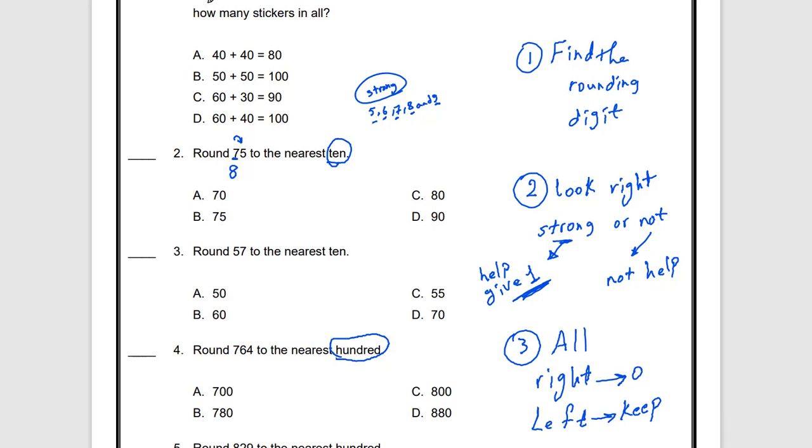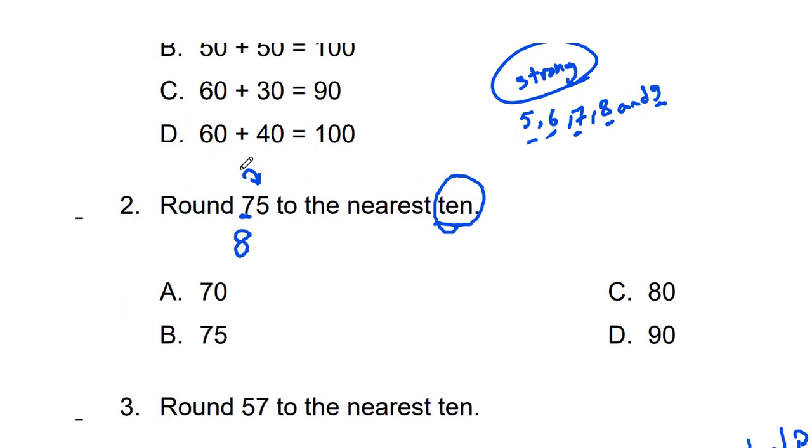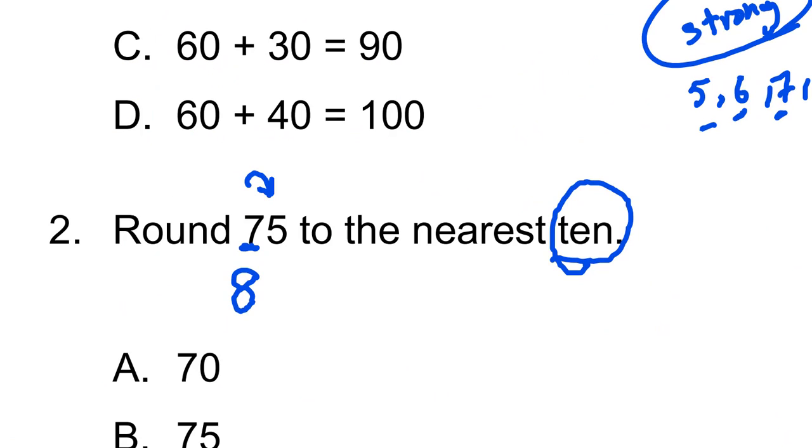So here in the question, we have 5 to the right. The 5 to the right, we will change it to be 0. That's it.